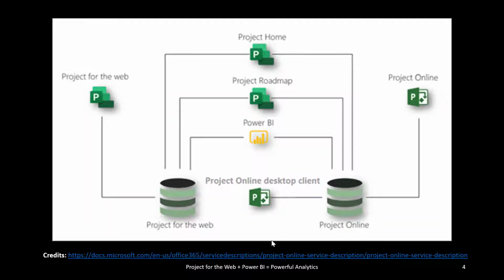Project for the Web, though it is quite a new product, the word project or project management is not quite new to us. Project for the Web is placed between Microsoft Planner and Project Online.